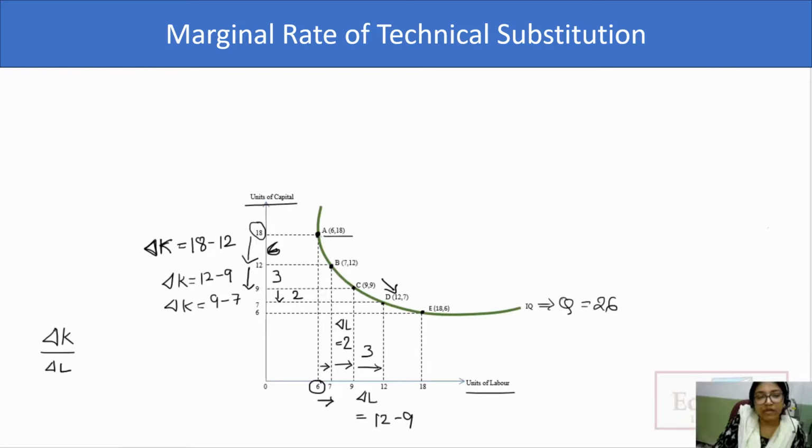If we look at the changes, for A to B, if we measure the rate of change, it will be del K by del L, so 6 by 1.